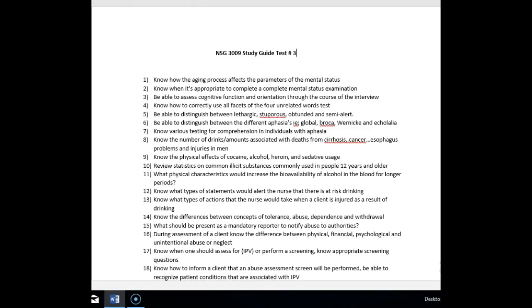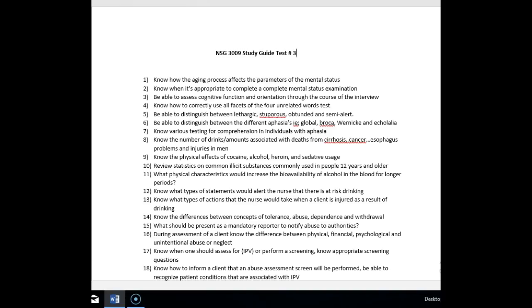So those are the things associated with increased drinking, and I think you could probably find those in your chapter 6, as well as knowing the next question.